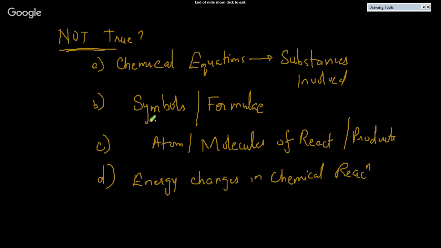The third one is: chemical equations tell us about the atoms or molecules of the reactants and products involved in a chemical reaction. And the fourth one is: a chemical equation represents energy changes during a reaction. So you have to tell me which one of these is false or not true.